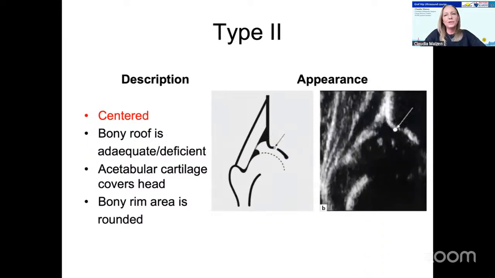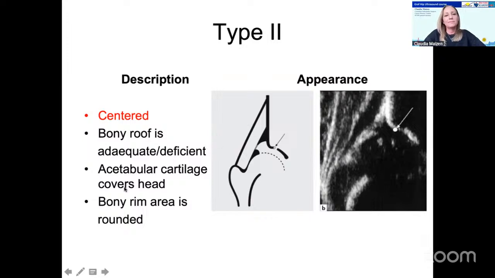Our type 2 hip joints are also centered hip joints. So also here you have the labrum below the turning point, and the cartilage is still covering the femoral head. The bony roof can now be either adequate or deficient, which depends on the age of the baby, but also on the severity of any sort of dysplasia of the bony roof.